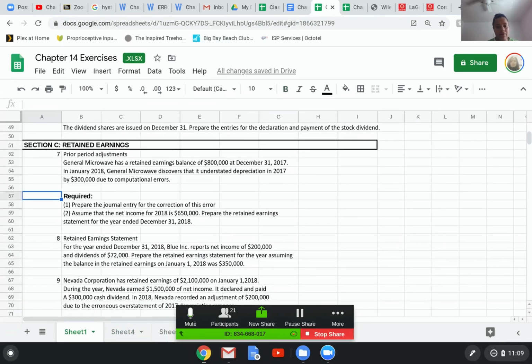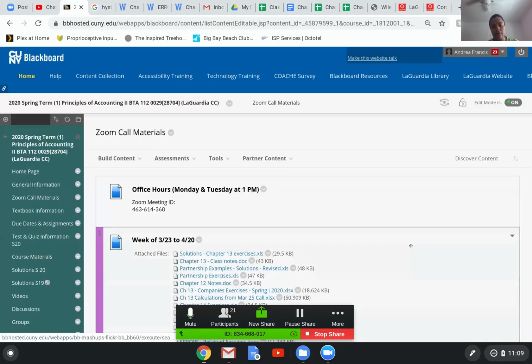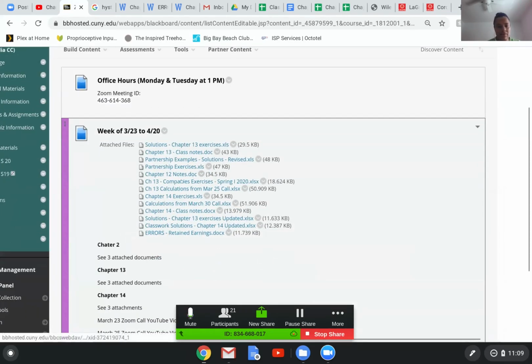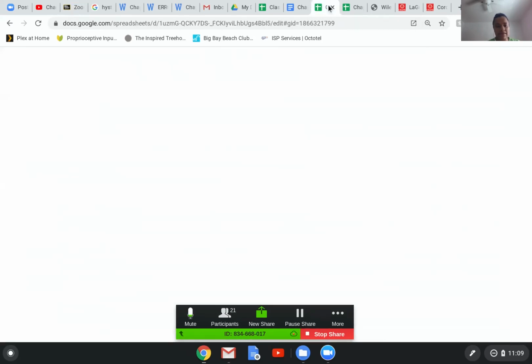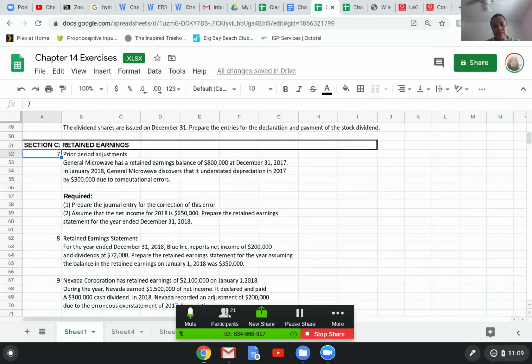All right. So I am in the chapter 14 exercises. I don't know if you guys are coming ready with this stuff, but I just want to show you if you don't have it. It's this Excel spreadsheet, chapter 14 exercises, looking at number 7. Retained earnings. Remember I told you that my questions were still written like how the book was before, where it's actually asking for a retained earnings statement.